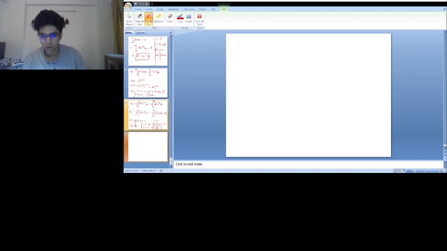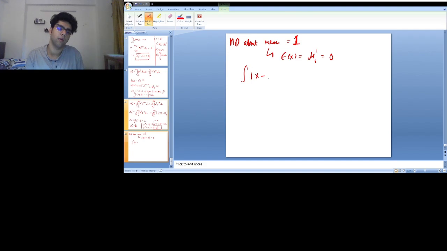Now we need to find mean deviation about mean, right? Our mean is 0 here. Our first moment with respect to the origin is 0. So our mean deviation should be the integral of mod of x minus mu times f of x dx from minus infinity to infinity.